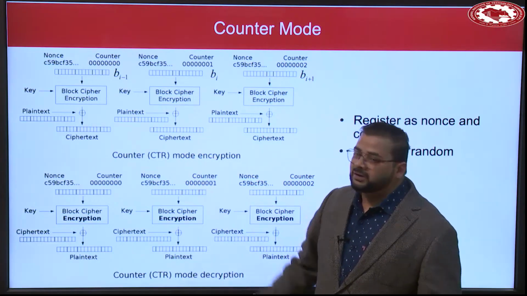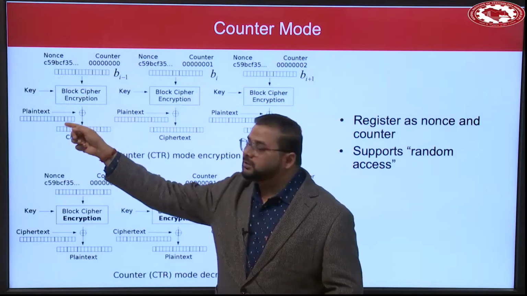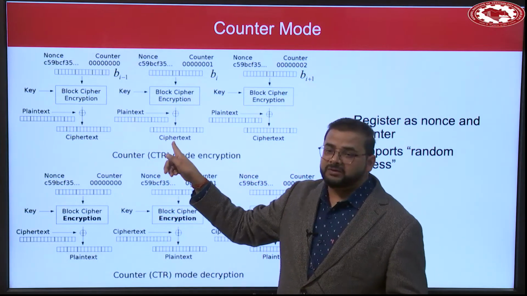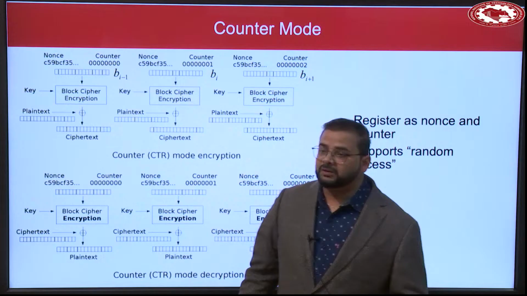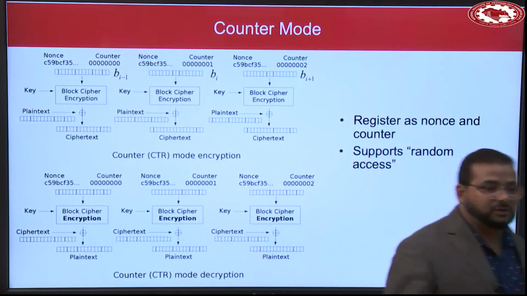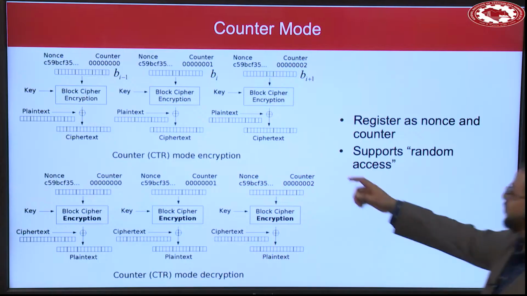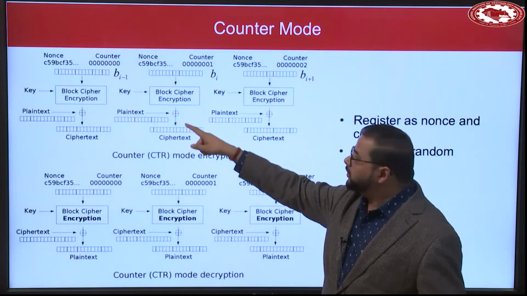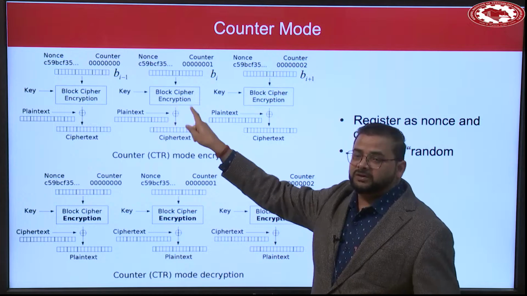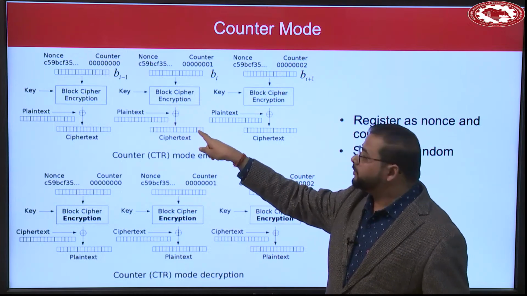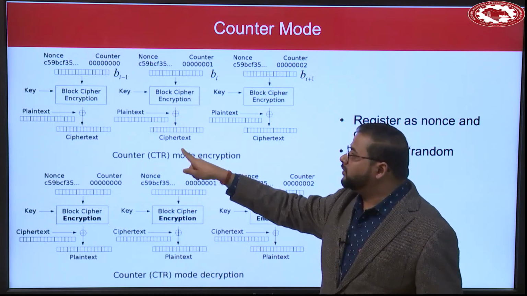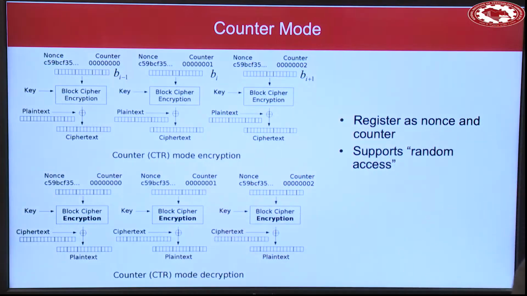Now even if you have the same plain text, you get a different ciphertext, because this input is different every time. The sequence is different for every block. Even if there's a slight change of 1 bit, this outcome will be significantly different from this one. Once you have the plain text, you get the ciphertext. This mode is also really popular.